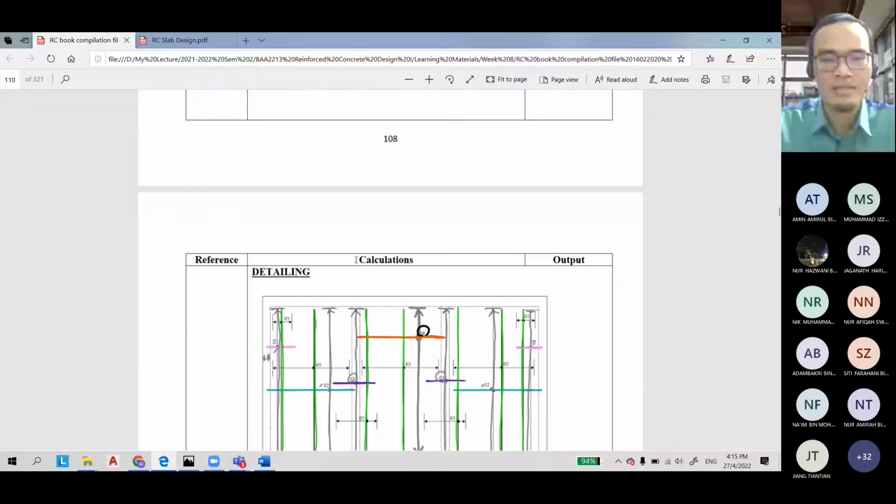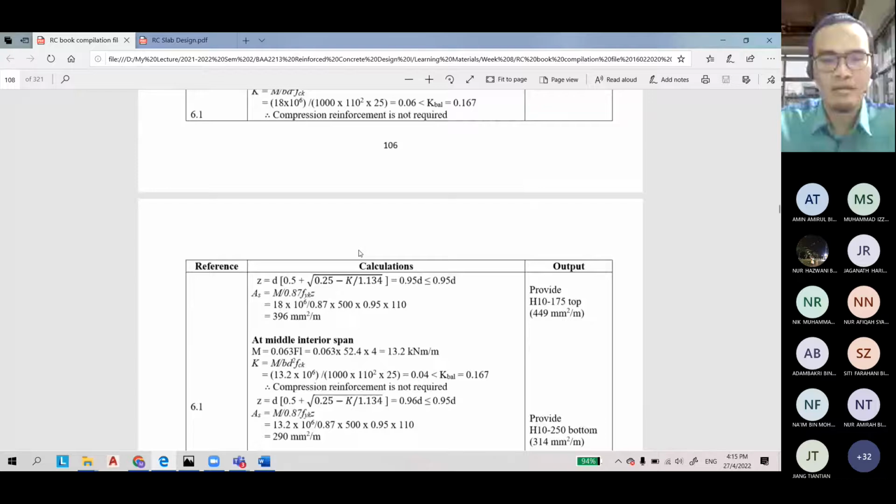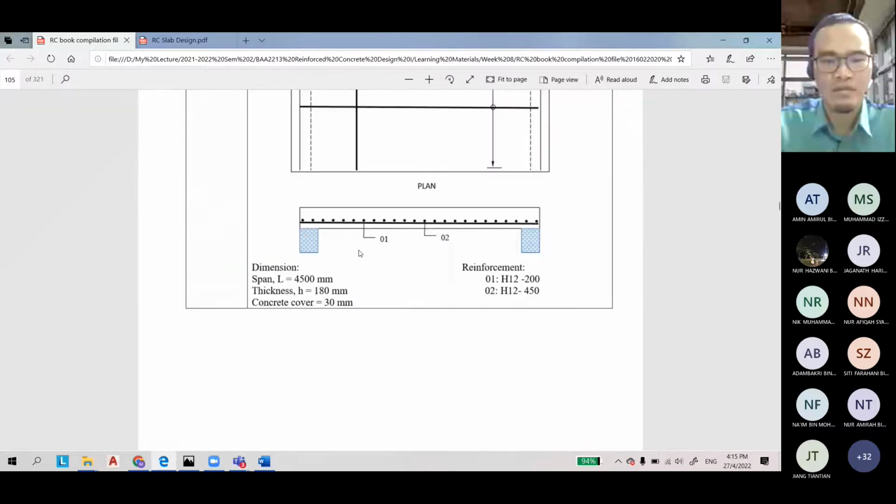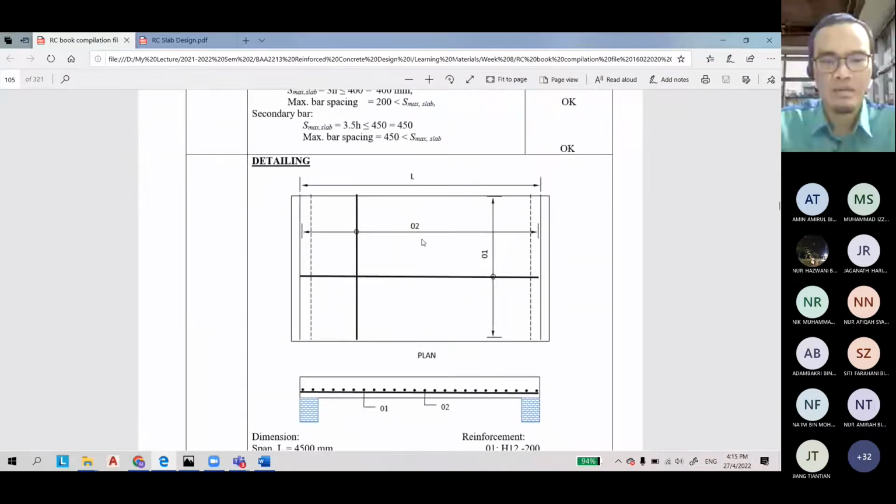Bar number 1 is the main reinforcement, and bar number 2 is the secondary. However, for a simply supported two-way slab, both bar number 1 and number 2 are main reinforcement.